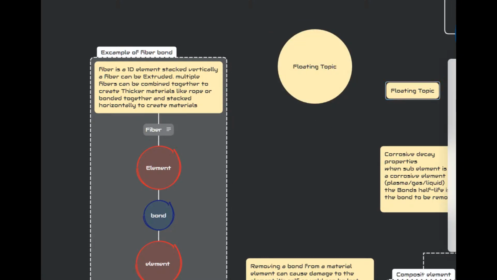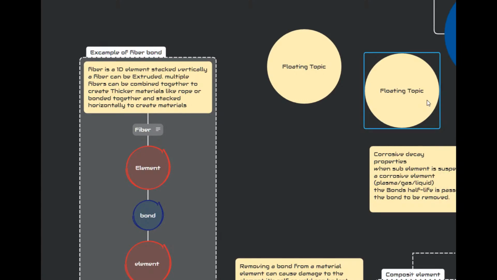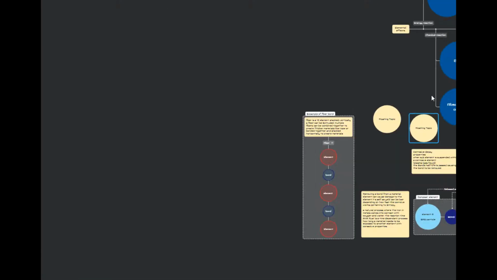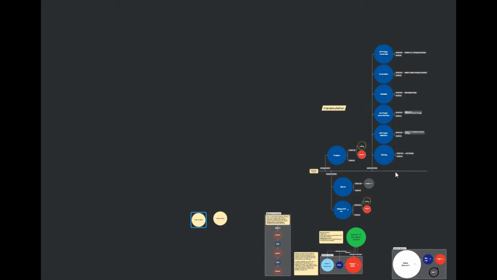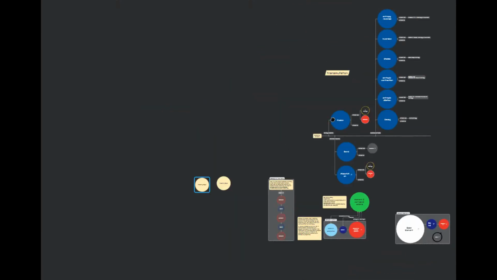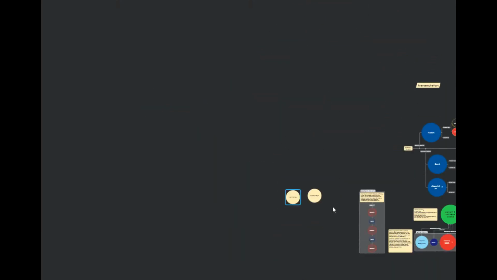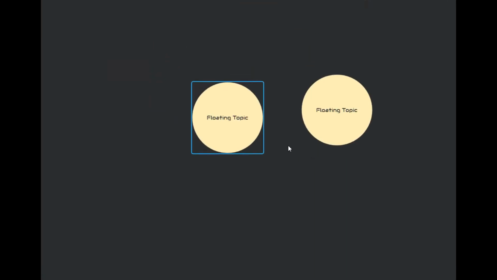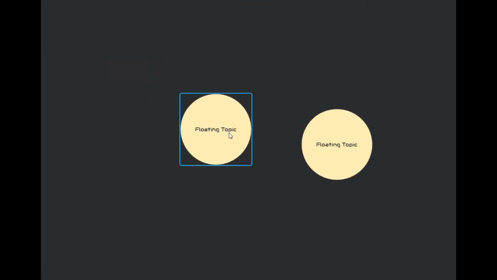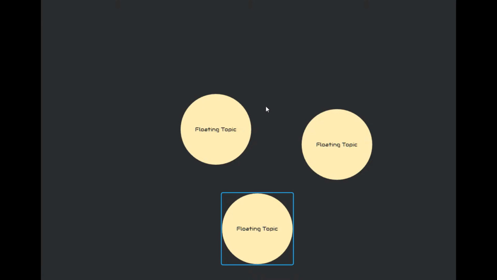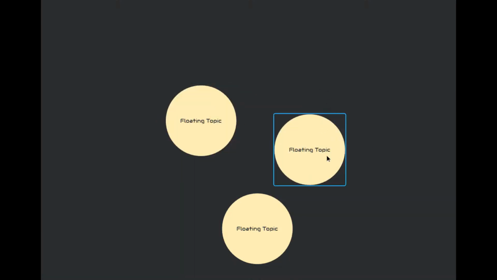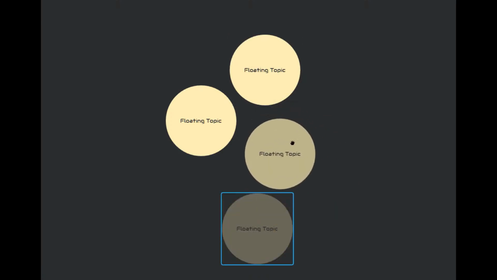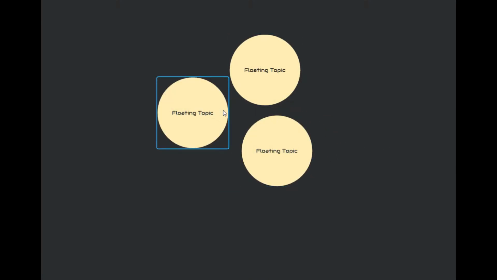So let me see if I can do a sort of chart here. So let's say we have a simple trivector sort of element, right?